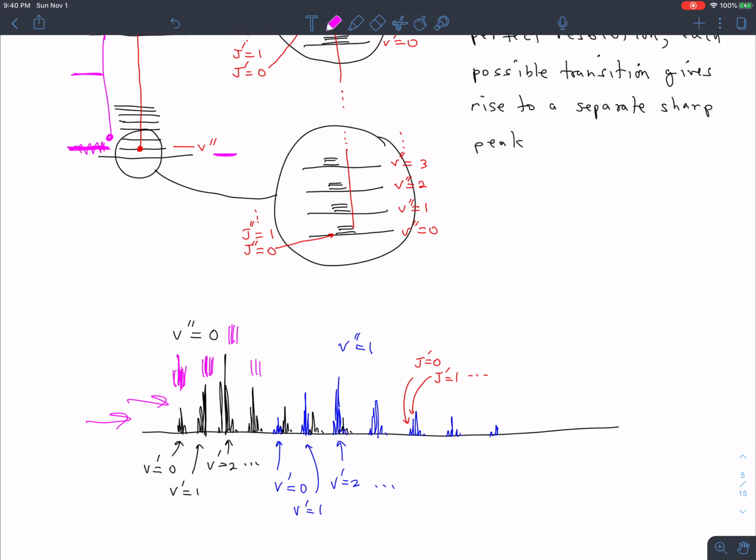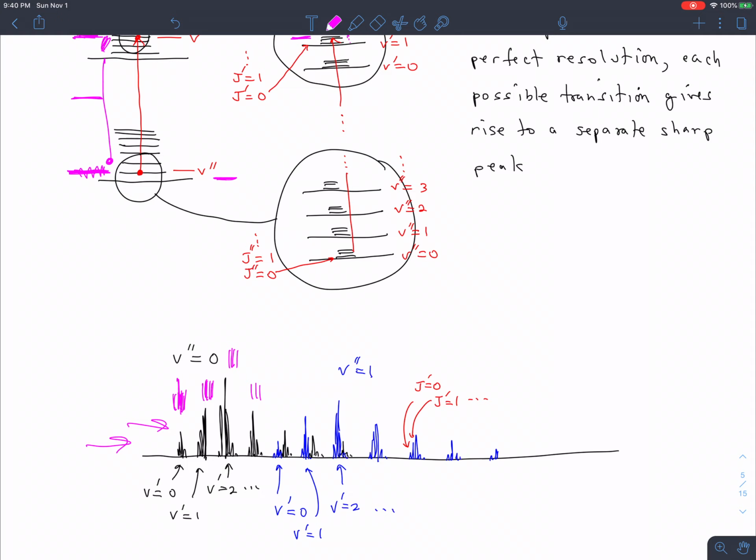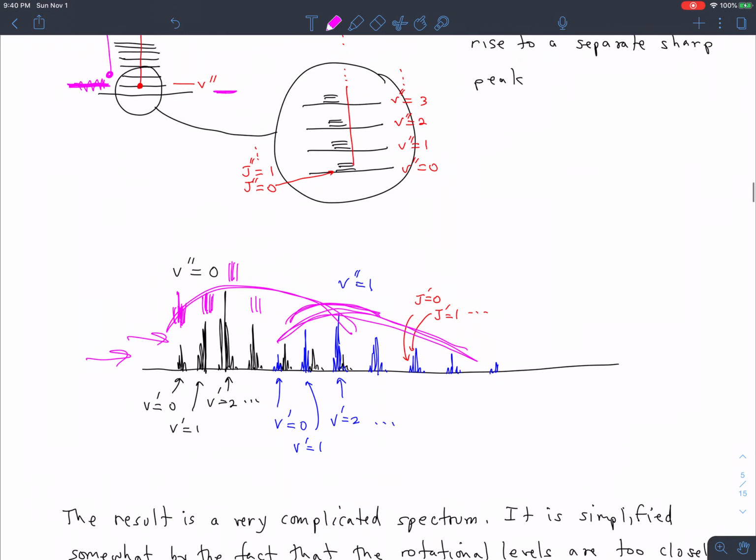Then you would get a different set of peaks, and in my rough diagram here, that would correspond to all these blue little clusters of peaks. And so you get a spectrum that's got clusters of peaks that can be put together or understood as consisting of manifolds or groups of transitions.